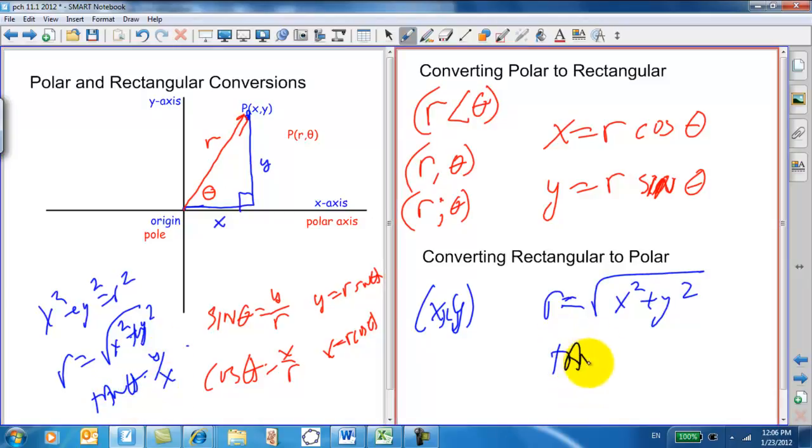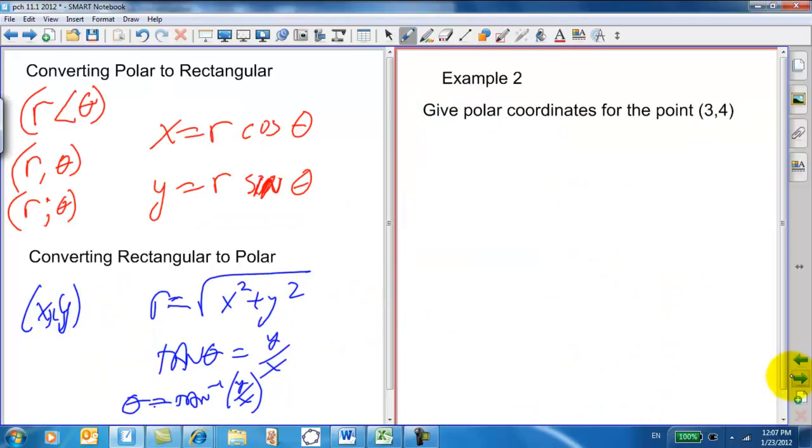And right now I'm just going to leave it like that. Tan theta equals y over x. Because when you go theta equals the inverse tan of y over x, remember that's only going to give you an answer in the first or fourth quadrant. You might want to have something in the second or third quadrant. So you might have to look at the angle, this angle, or something 180 degrees away from it.